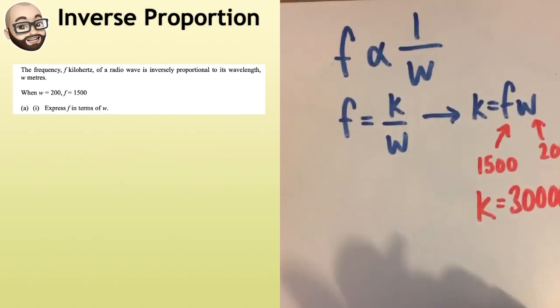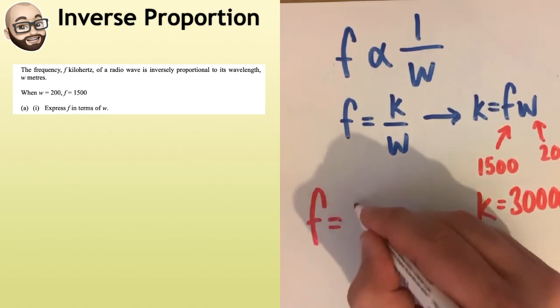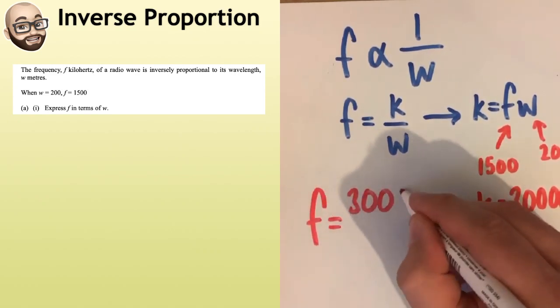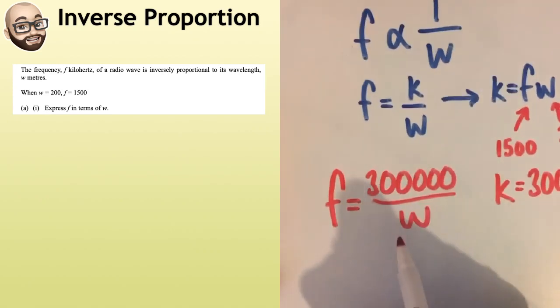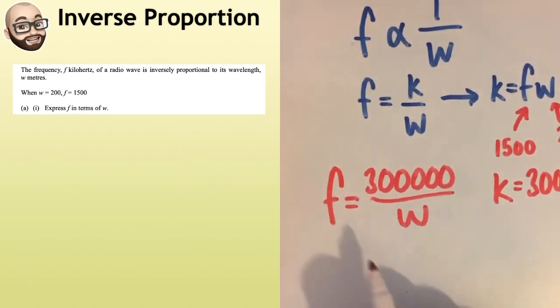Put that back into our formula and we can write f equals 300,000 over w. So this is the formula that we use. That's part A done. F is written in terms of w. We can work out the frequency by doing 300,000 divided by whatever the wavelength is going to be.